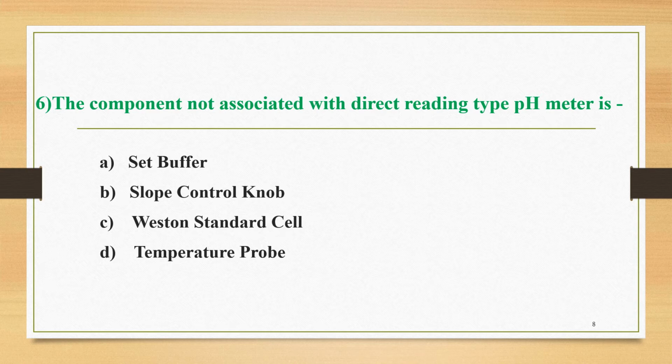So that knobs have their own importance. Among these, one which is not included in this direct reading pH meter is option C, that is, Western standard cell is not associated with direct reading type pH meter, while the rest of the three, that is, state buffer, slope control knob, and temperature probe, are already associated with direct reading type pH meter.